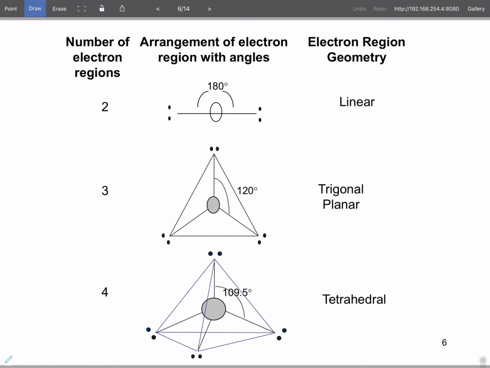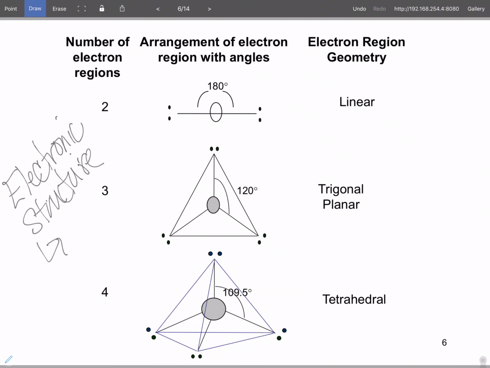So when we go to talk structure, the first thing we have to do is talk about the arrangements that are possible with respect to angles. So what we're looking at is electronic structure, and with electronic structure, you get angles.